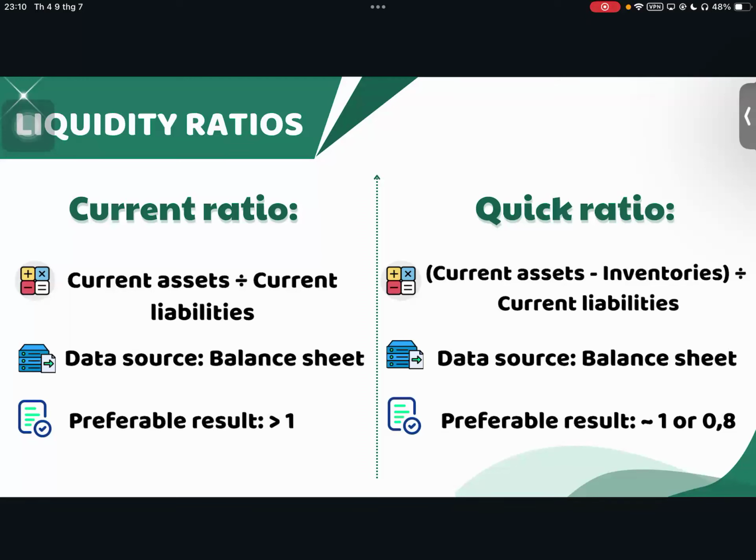So we cannot impose a very strict standard as with current ratio onto quick ratio, because in quick ratio, of course we remove a huge part of their assets, so we may tolerate some number under 1.